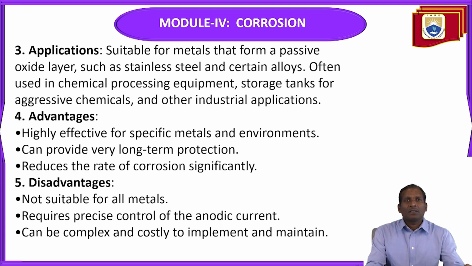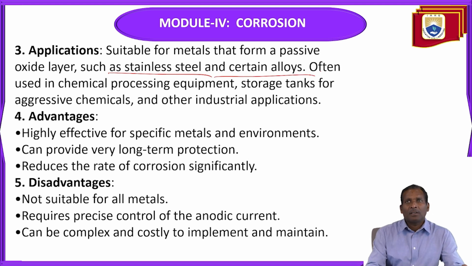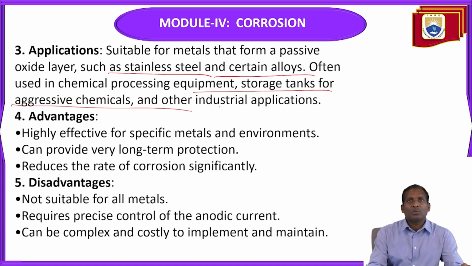Next, the applications: it is suitable for metals that form a passive oxide layer, such as stainless steel and certain alloys. It is often used in chemical processing equipment, storage tanks for aggressive chemicals, and other industrial applications.